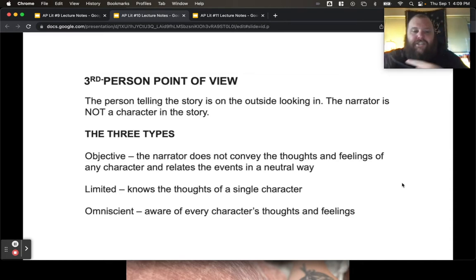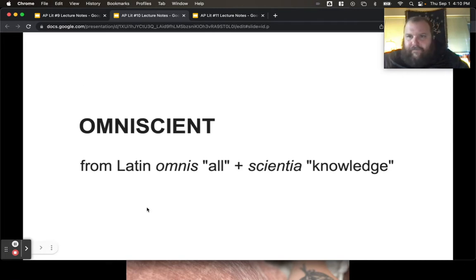Okay, omniscient is what we're going to look at today, because it's sort of in its own bubble in third person. The narrator is aware of every character's thoughts and feelings, every single thought and feeling of the characters. Omniscient comes from two Latin words, omnis, meaning all, and scientia, meaning knowledge.